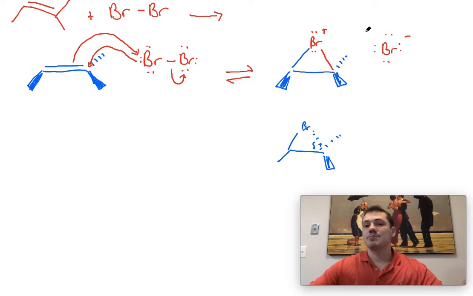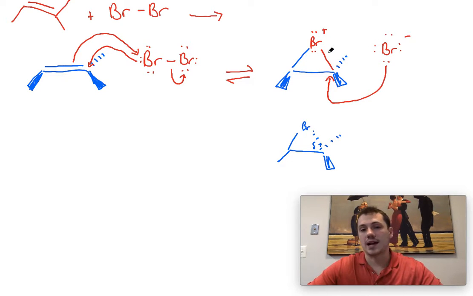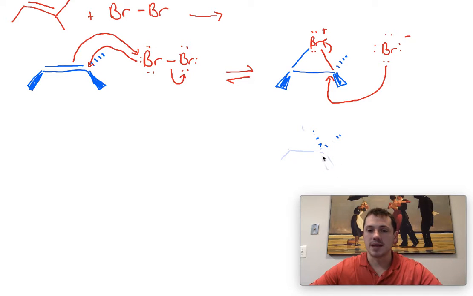What that means is this negatively charged bromine that's floating around is going to attack that carbon atom right there. When it attacks that carbon atom, it bumps these electrons over, because otherwise it would be violating the octet rule. I'm going to eliminate this because it really is not part of our intermediate. It's just to help you understand why it does what it does.